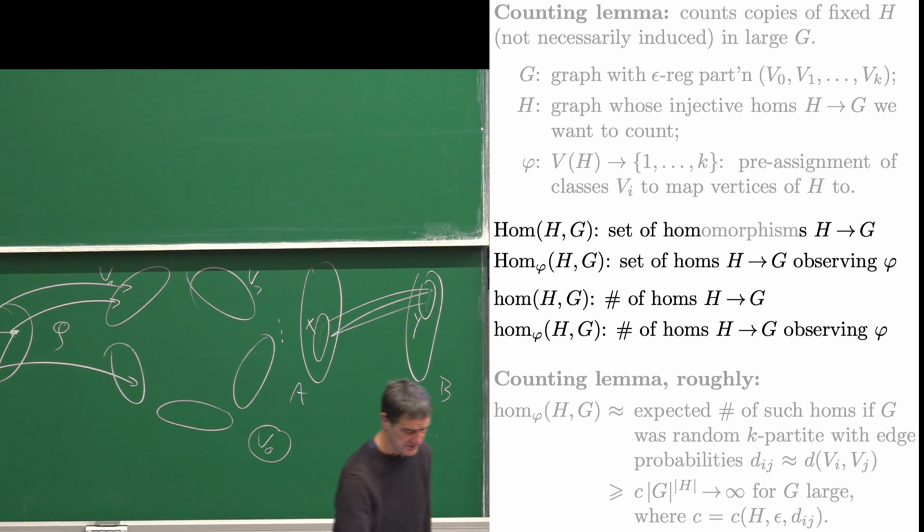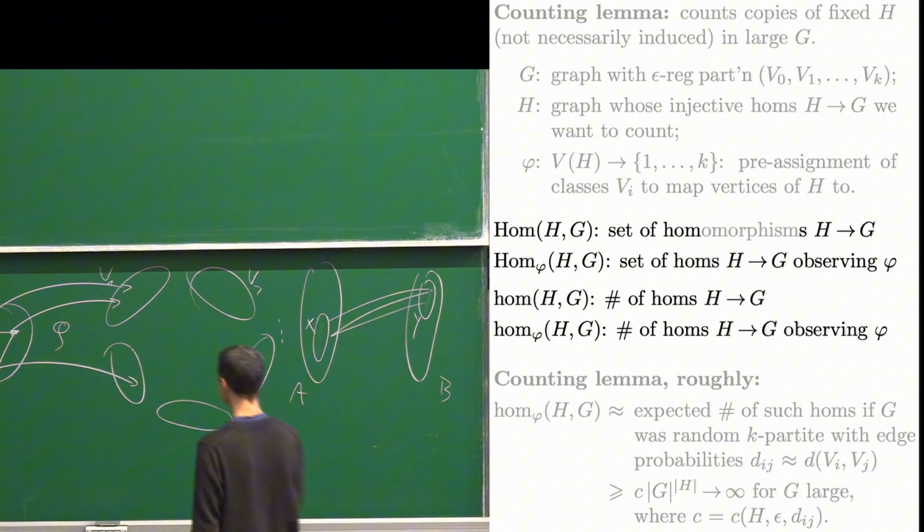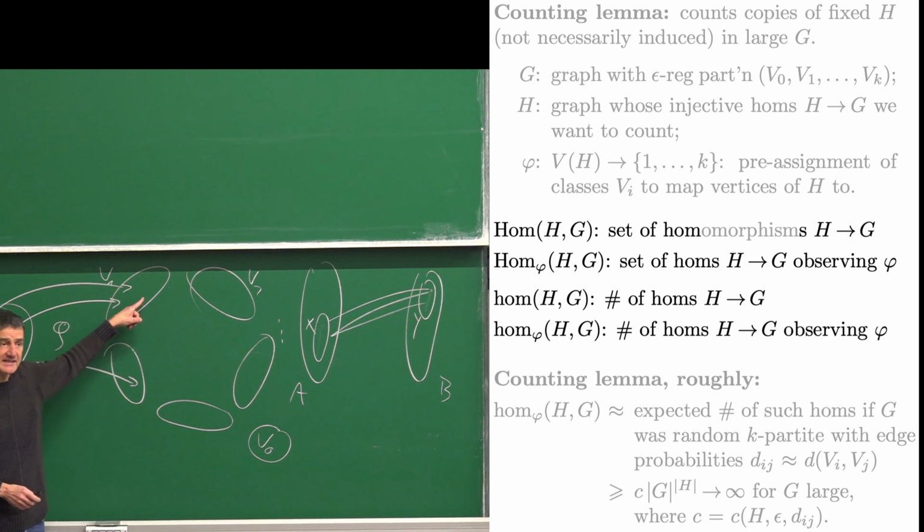Okay, so here's a bunch of definitions, just notation. Hom(H,G), big H, is the set of homomorphisms from H to G. Hom_phi(H,G) is the set of homomorphisms that observe or respect this assignment of partition classes. This phi is not the homomorphism itself. This phi is just a map that assigns to every vertex of H a little index i between 1 and k, telling us which class to map this vertex to.